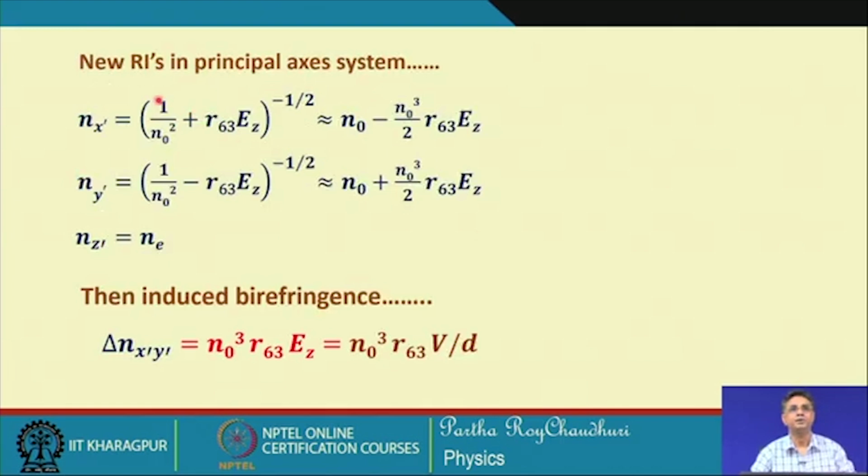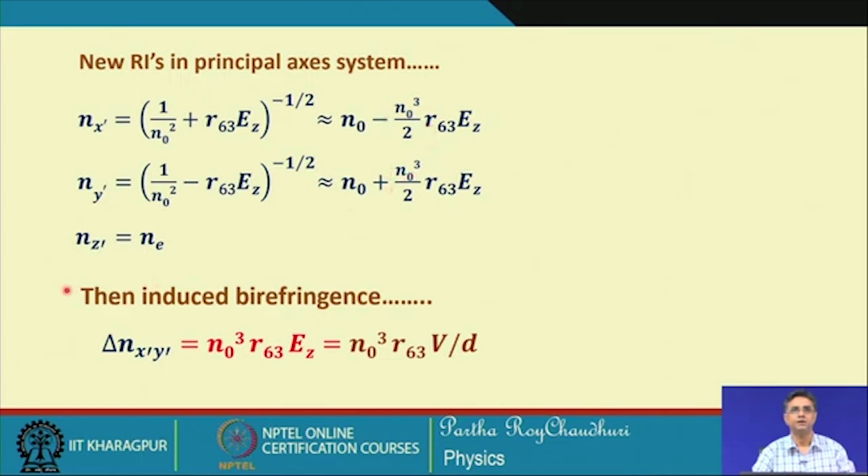So, with respect to the new principal axis system under the electric field, you have nx dash equal to this, with this approximation, which can be written as this, and ny dash with this approximation can be written in this form. Therefore, knowing this nx dash and ny dash, we can calculate the birefringence.